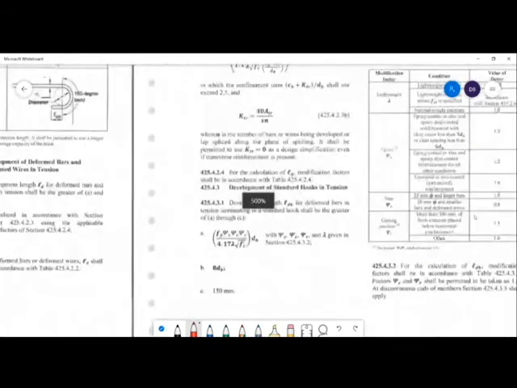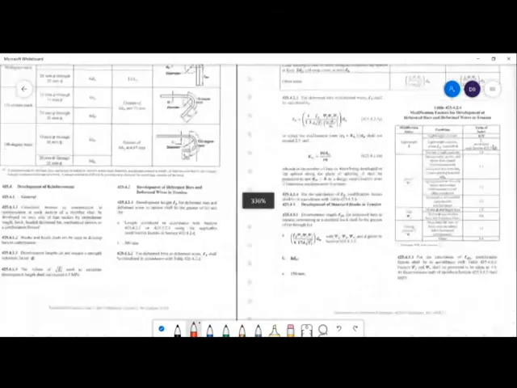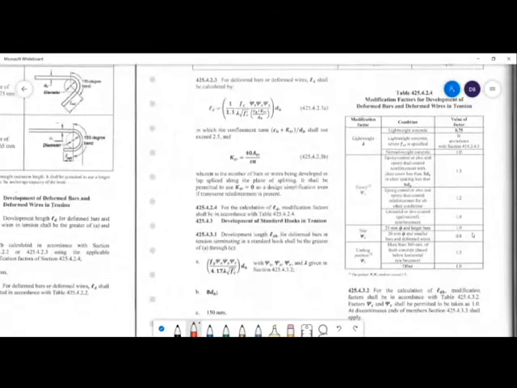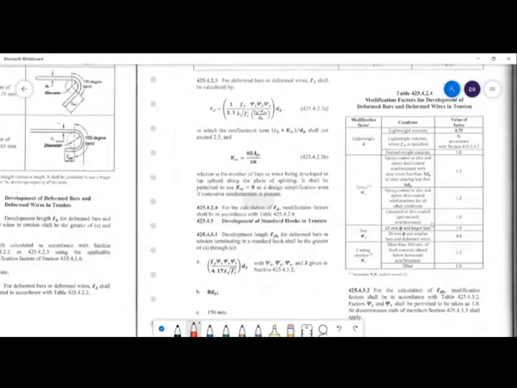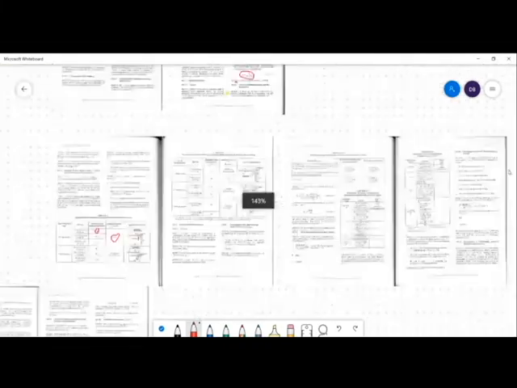Now we have psi sub e, psi sub c, and psi sub r here for the modification factors. Not that, this one: psi sub e, psi sub c, psi sub r.